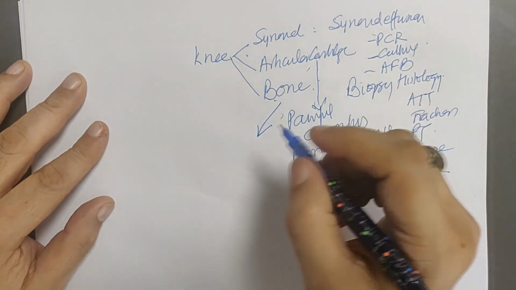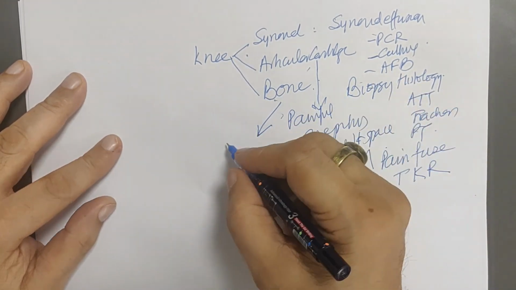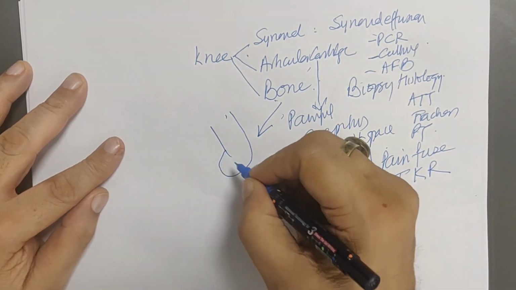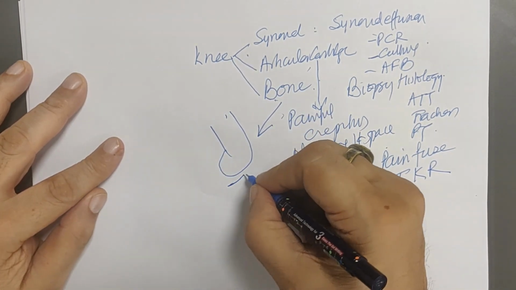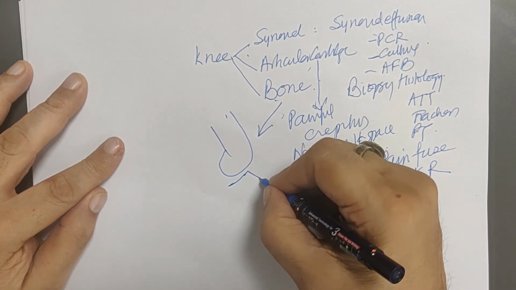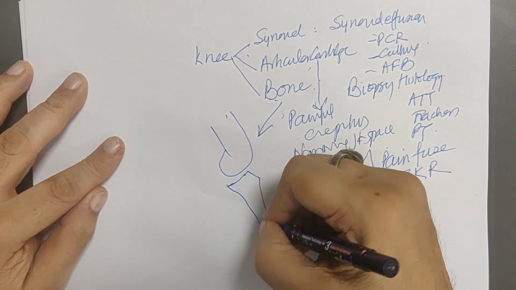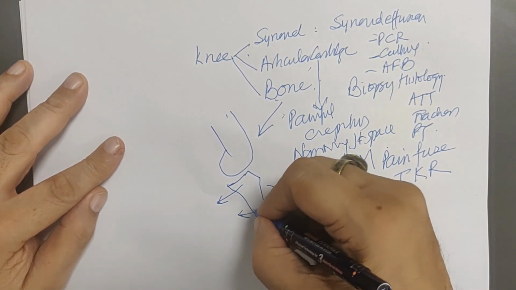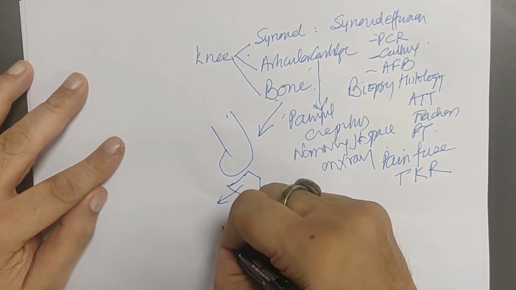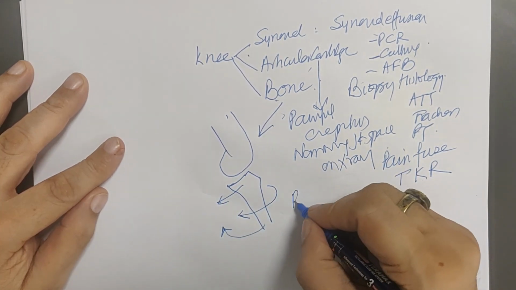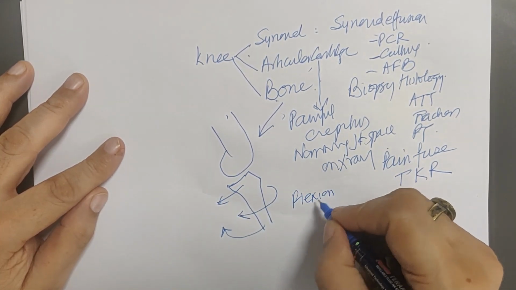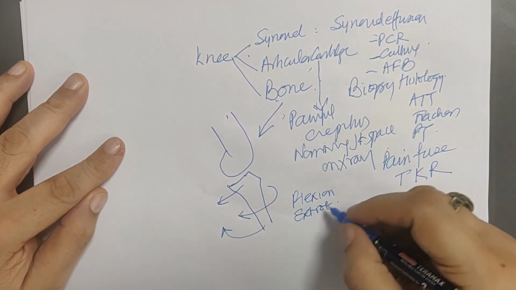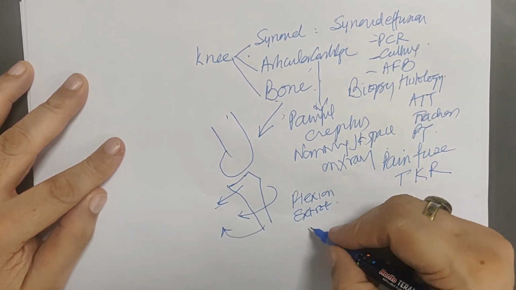In the bone and the ligament problem, the most important thing is that if this is the femur, the tibia would slide backward, will rotate externally and will flex. So flexion, external rotation and backward sliding.